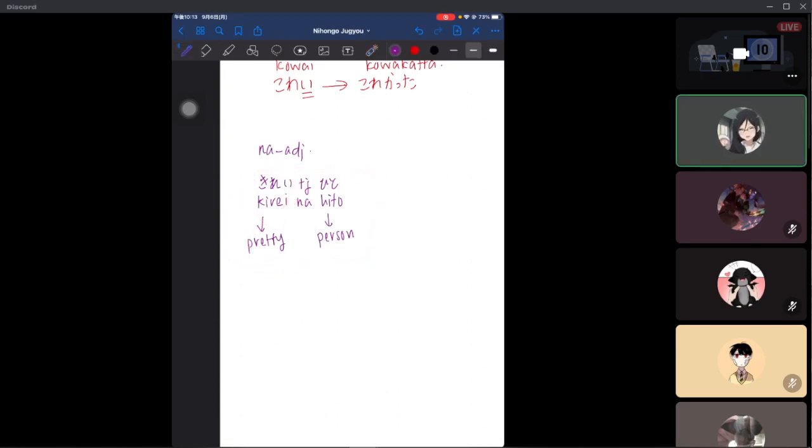It will become: ano hito wa kirei da, that person is pretty. This one is the short form. However, if it's the formal one, the polite form, you use desu instead of da.